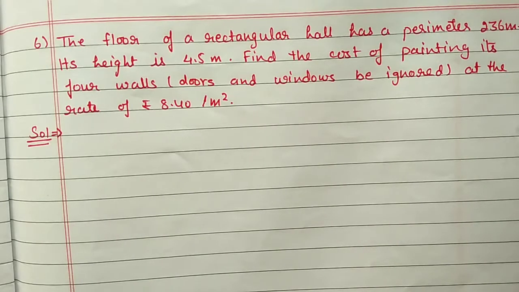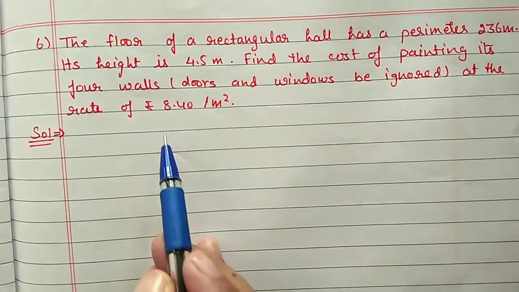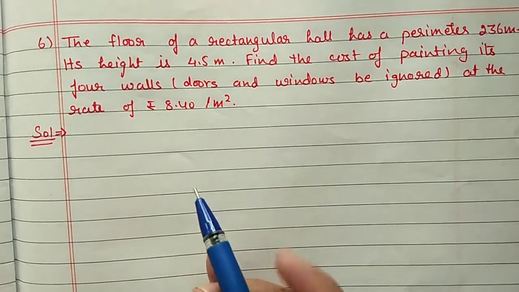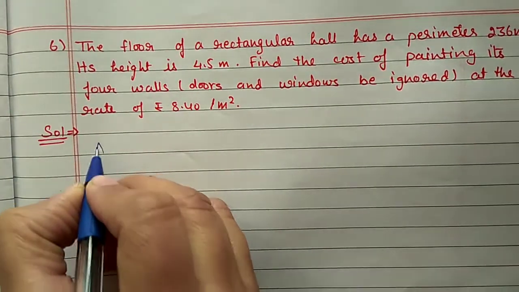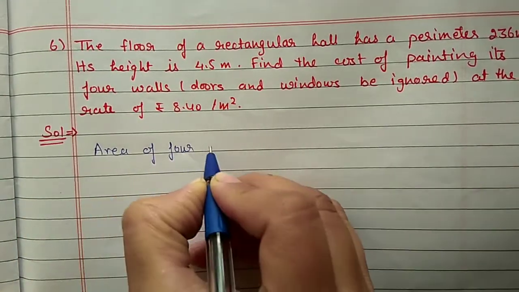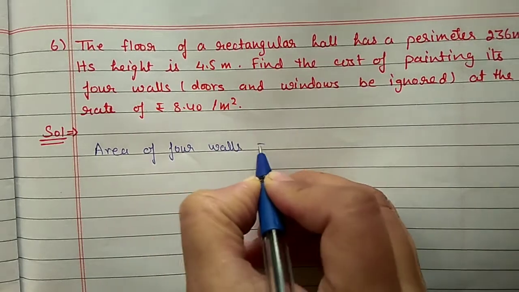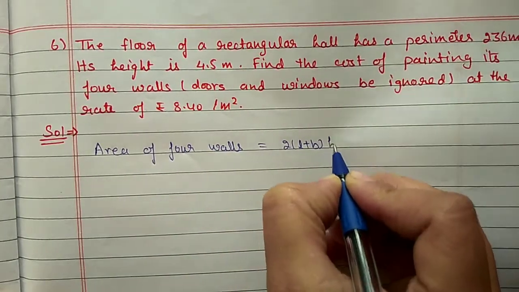Next, question number 6. The floor of a rectangular hall has a perimeter of 236 meter. Its height is 4.5 meter. Find the cost of painting its 4 walls, doors and windows we have to ignore, at the rate of 8 rupees 40 paise per meter square. So first we will find out the 4 wall area, which is equal to 2 into (L plus B) into height.